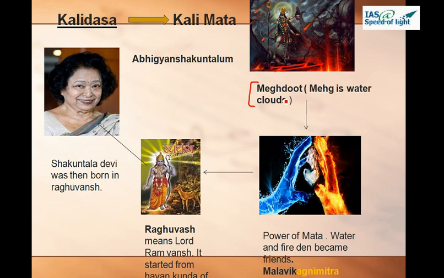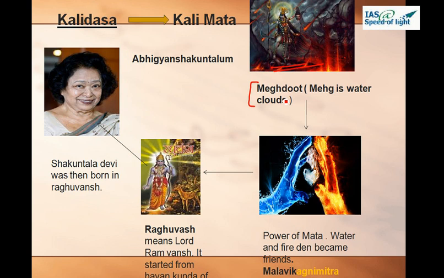So Kali Mata, she's so powerful. She has so many supernatural powers that just by looking at the sky, she can bring water clouds. So Meghdut, we are relating it with Kali Mata. Meghdut means the carrier of water clouds.